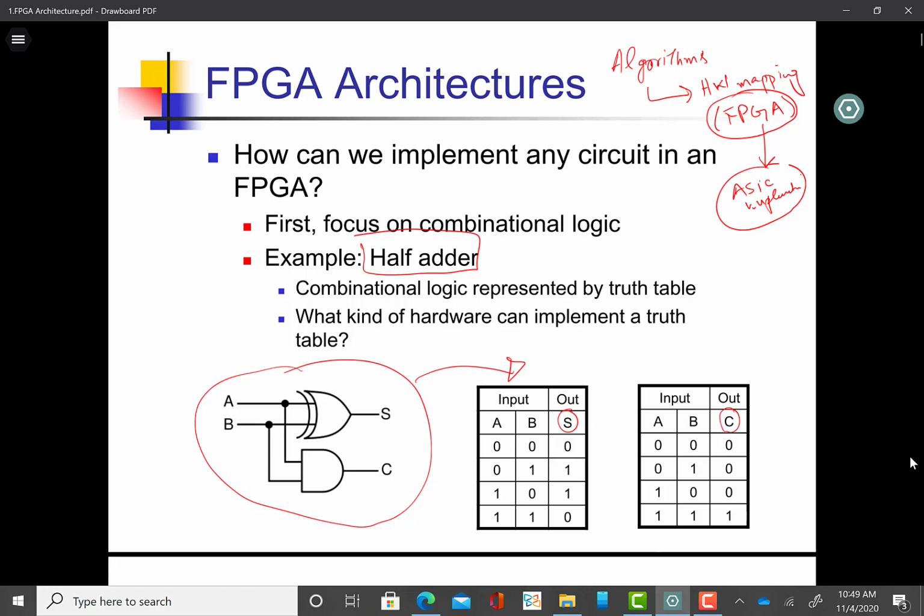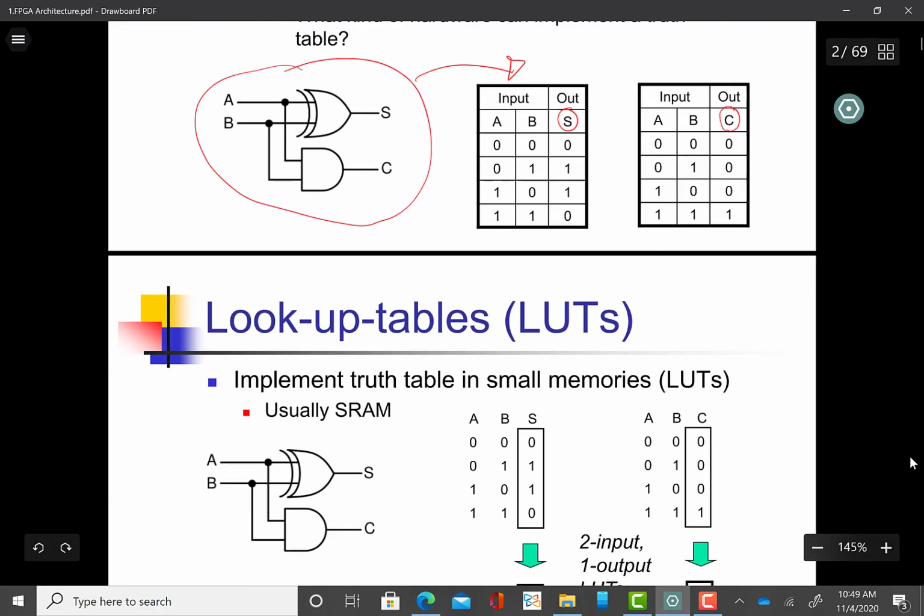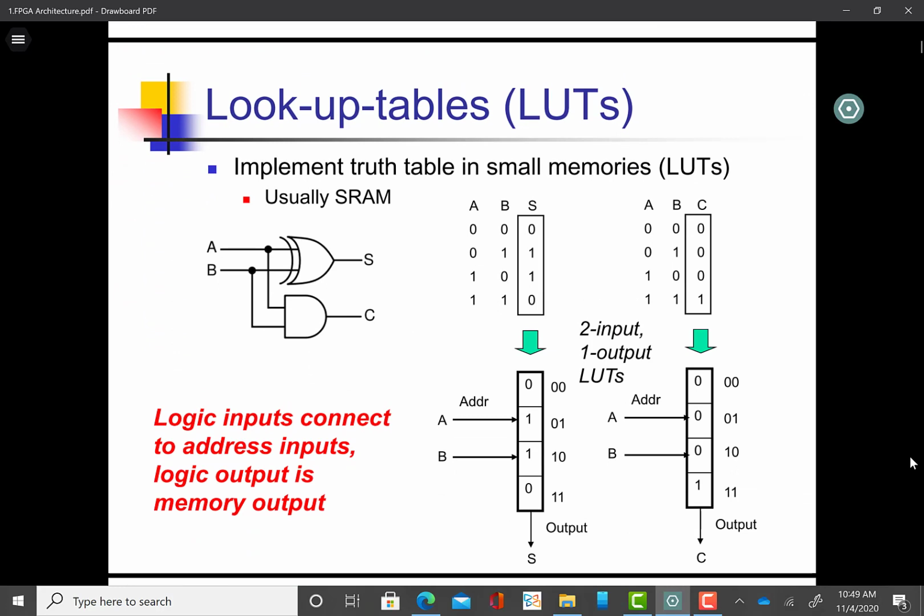Now, given this kind of combinational logic, what we are interested in is a very generic, let's say universal gate, which can implement any combinational logic. And that universal gate, it's not actually a gate, but I want to make you understand, so I am calling it a universal gate.